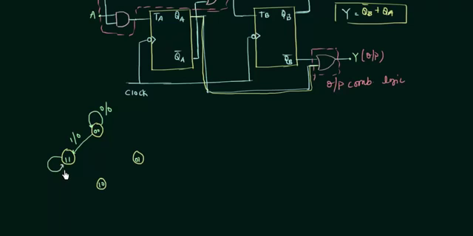I am on 11 and I will stay on 11 if input is 1, and then output will be 0. 11 to 10 for the input 0, same state for the input 1. 10 to 01 for the input 0, and 01 to 00 for 1. And the last thing is this.